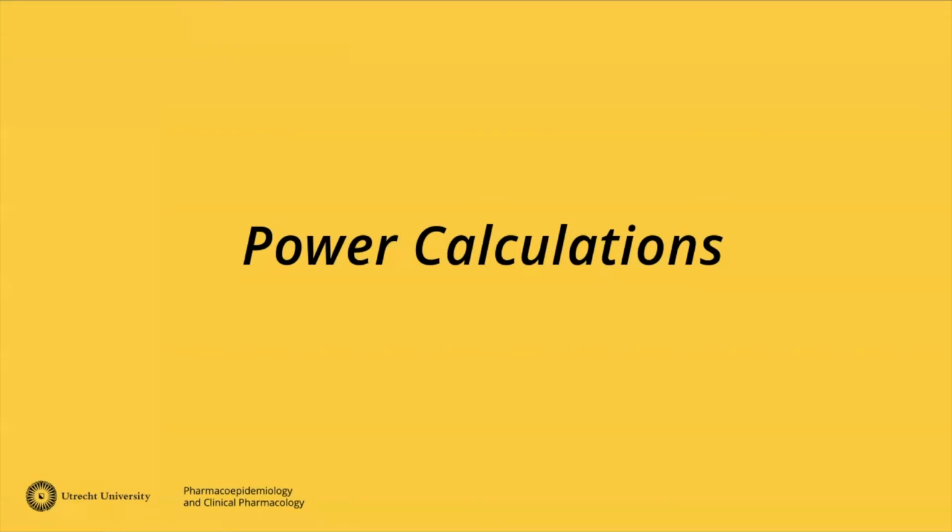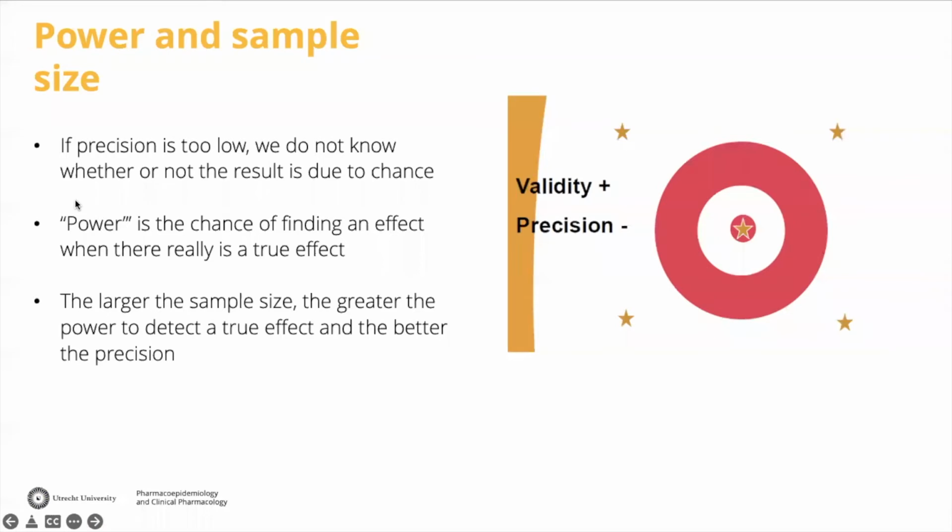So there are different ways we can go about doing this. Power and sample size is an important part of any research study because if our precision is too low, we don't know whether or not our results are due to chance or whether there's a true relationship between our study drug and our outcome of interest.